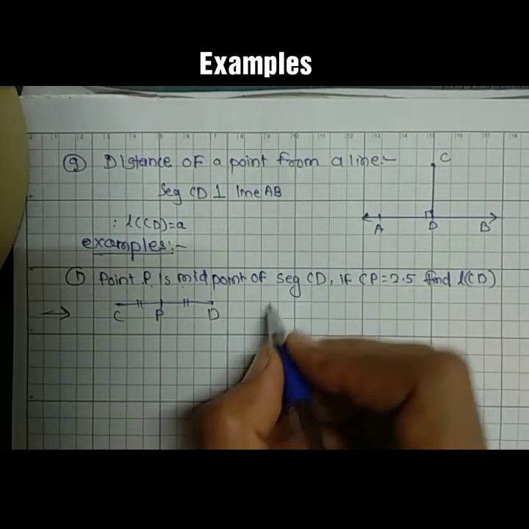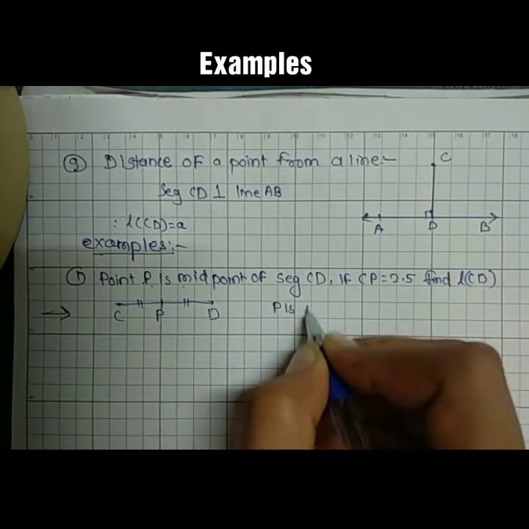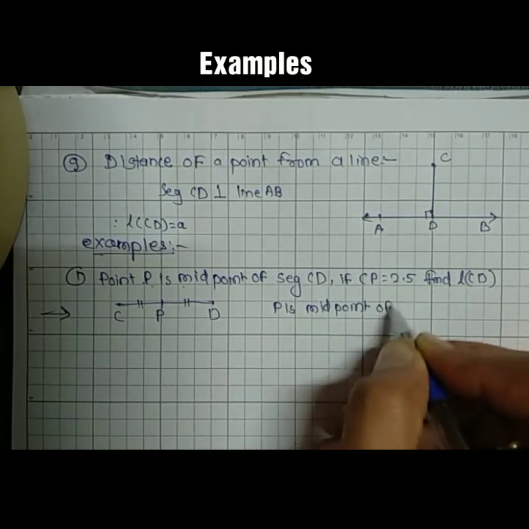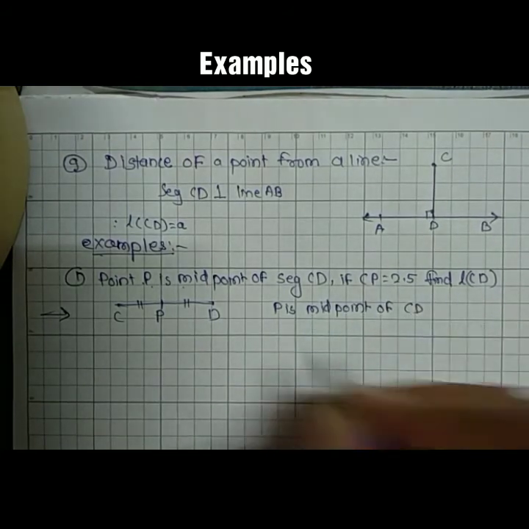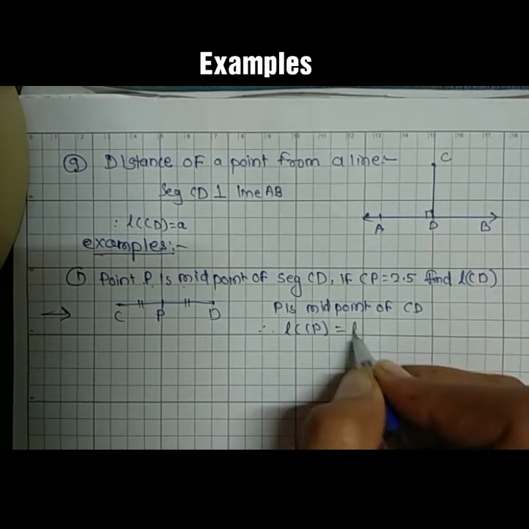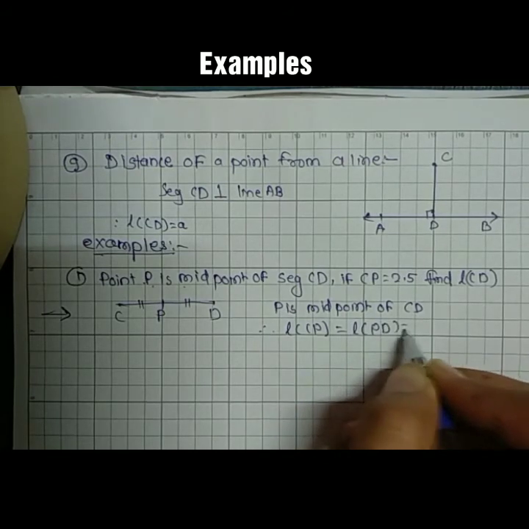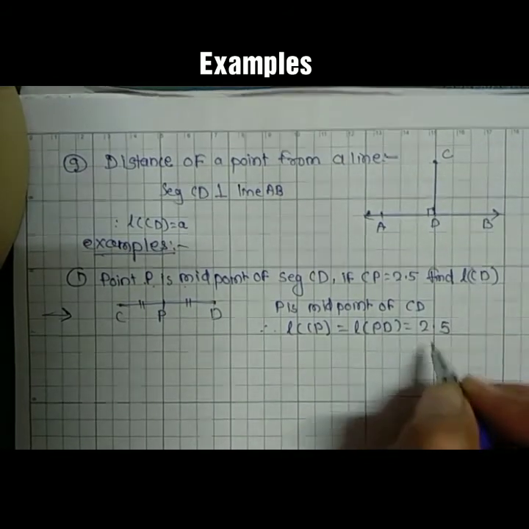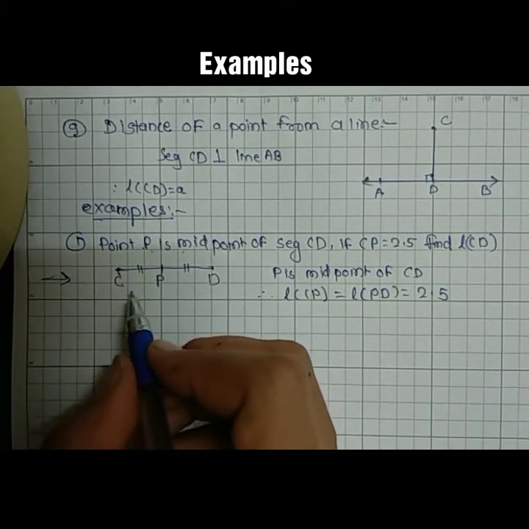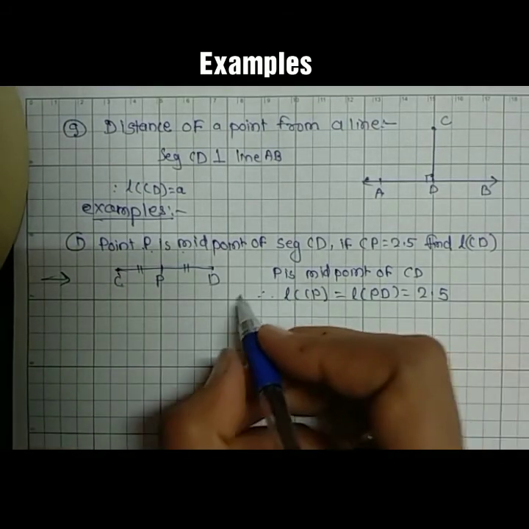So let's write down the solution. P is the midpoint of CD, therefore length CP is equal to length PD, which is equal to 2.5. So let's write down by using this figure.